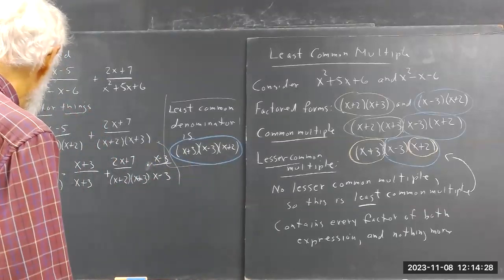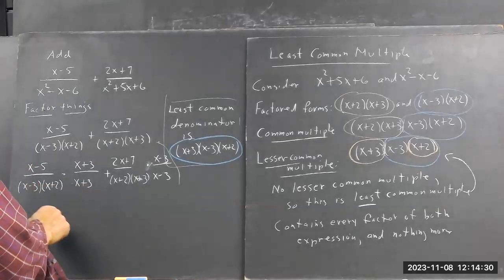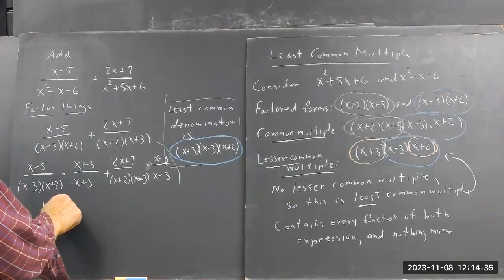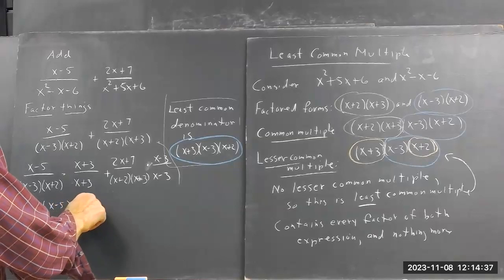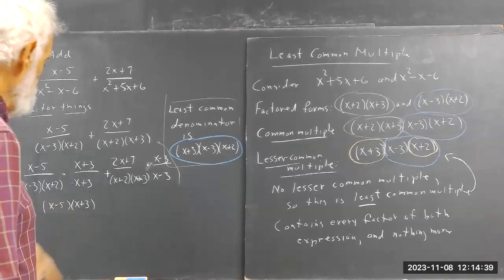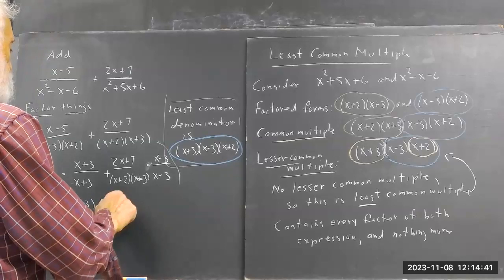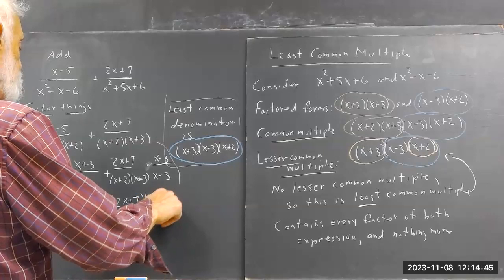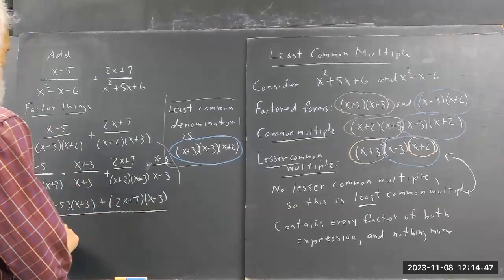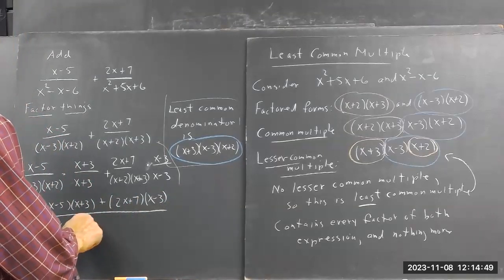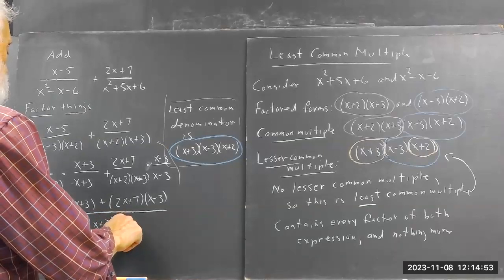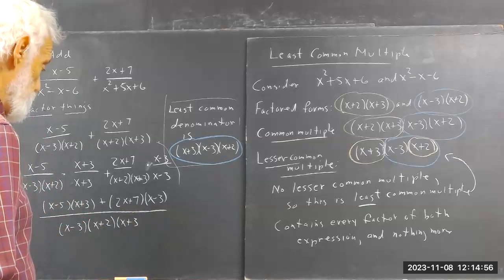Having done that, we can write this out as x minus 5 times x plus 3 plus 2x plus 7 times x minus 3, all divided by x minus 3 times x plus 2 times x plus 3.